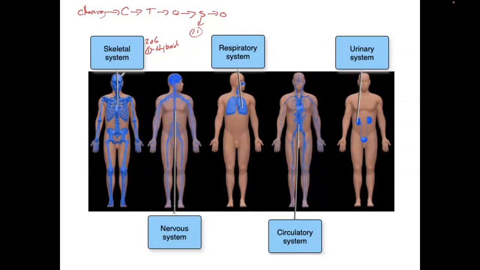But the skeleton also, the way I teach it, I go over everything in the center first. And the center is what we call the axial skeleton. Then we'll focus on the upper extremities and the lower extremities.